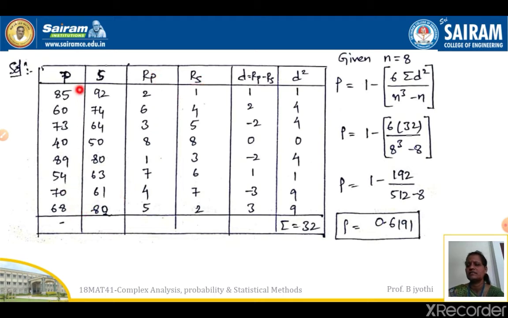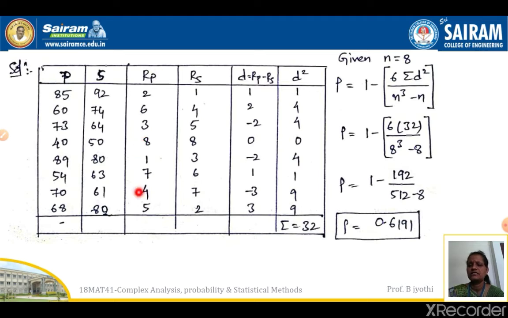The highest in the PUC is 89, so corresponding to that, the first rank has been given. Next to that is 85, so corresponding to that is 2. After that 73, corresponding to 3. And 70 for 4, 68 for 5, 60 for 6, and 54 for 7, and 40 for 8.